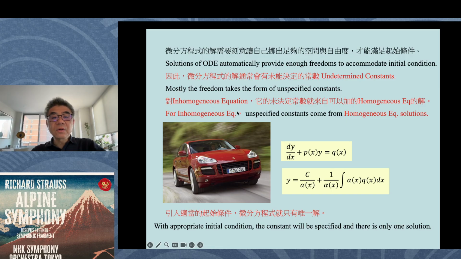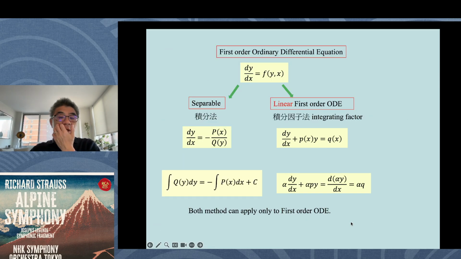Here, for the solution we have got, the unspecified constant comes from y1, the homogeneous solution. So if we put in a proper initial condition, the constant will be specified, and there is only one solution.